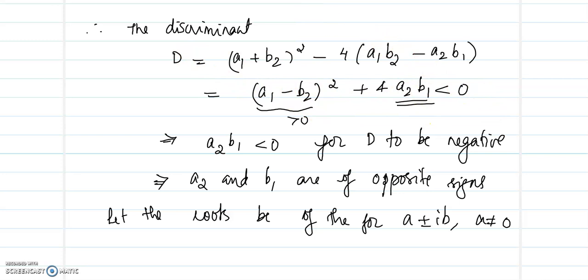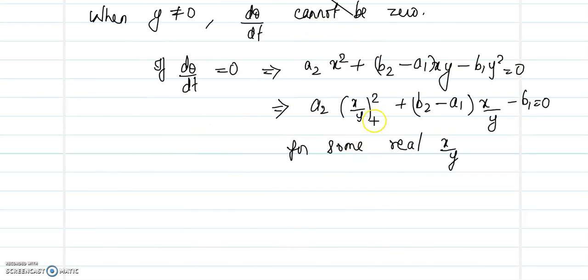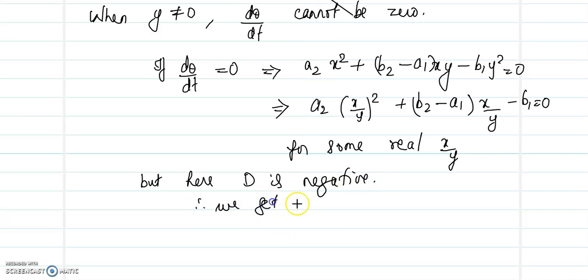This can be 0 only if the discriminant is non-negative, which is not possible. So for some real x y, but here D is negative, therefore we get a contradiction.